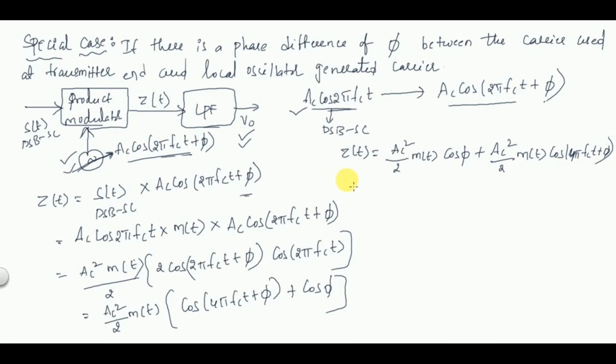Okay, so this is the output of the product modulator.